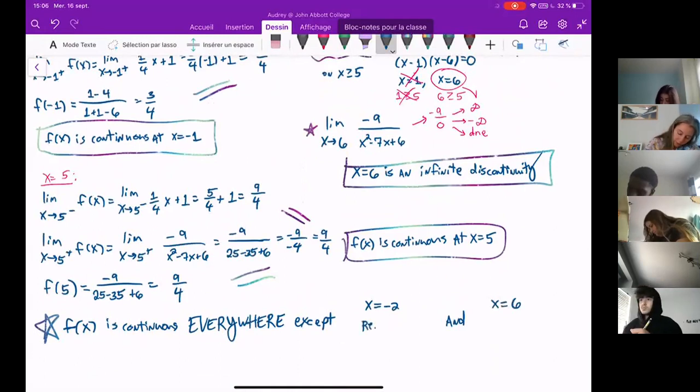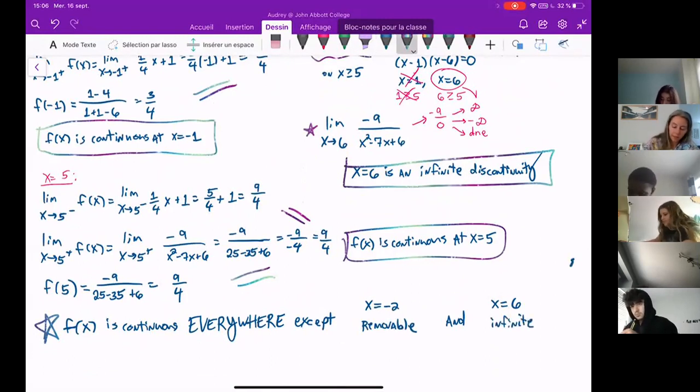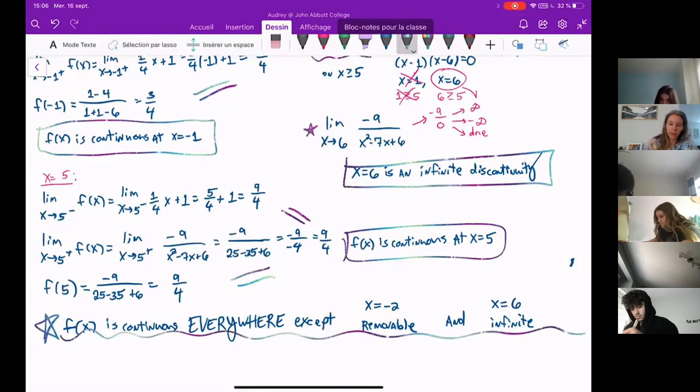And this was removable, and this was infinite. And this technically is my actual final answer. Are there any questions about this?